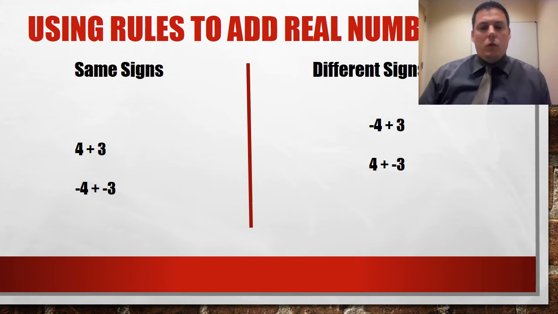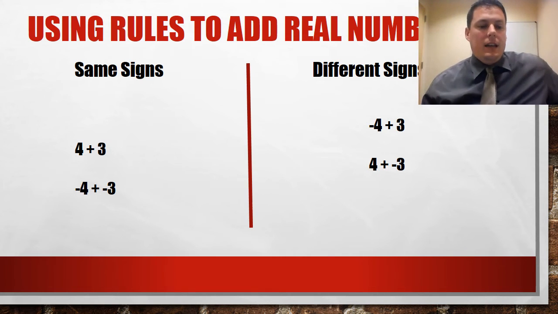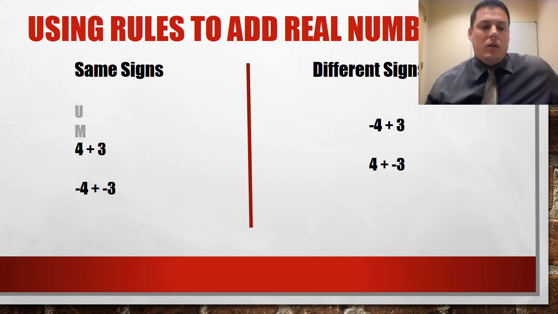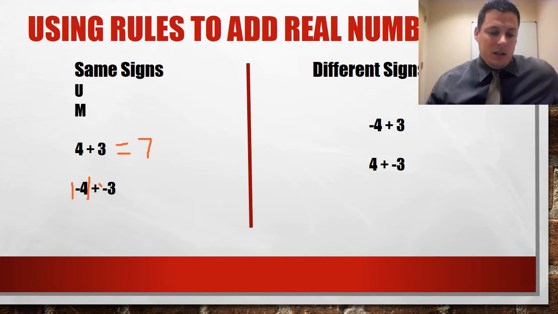So here are some rules when we are adding real numbers. If the signs are the same, we are going to add. We're going to take the sum of the absolute values and then keep the sign. So 4 plus 3, we should know is just 7. But negative 4 plus negative 3, we're going to take the absolute value of each of these numbers because the signs are the same.